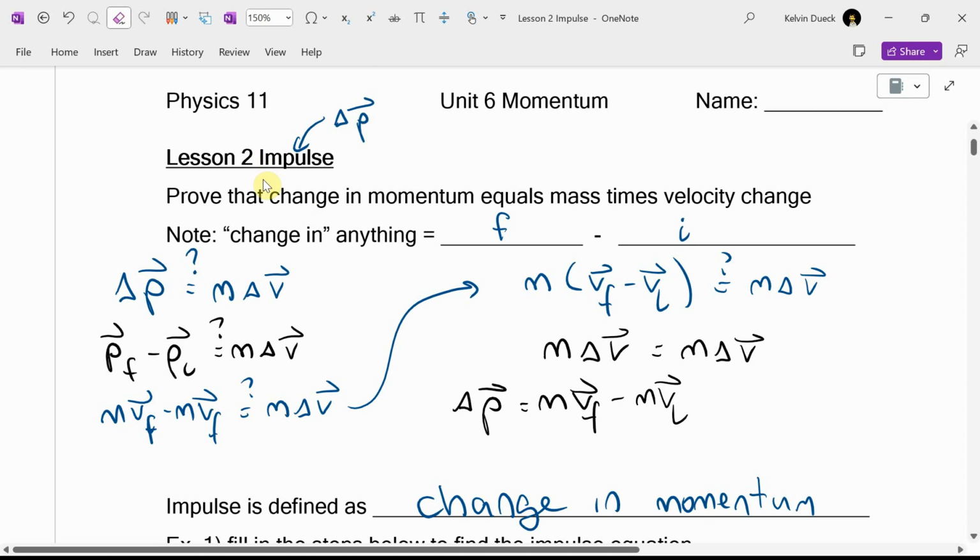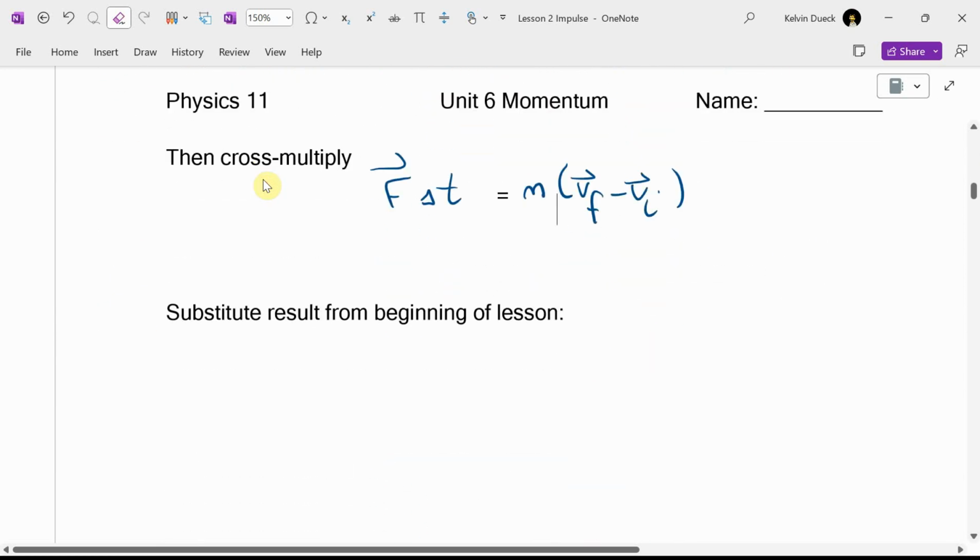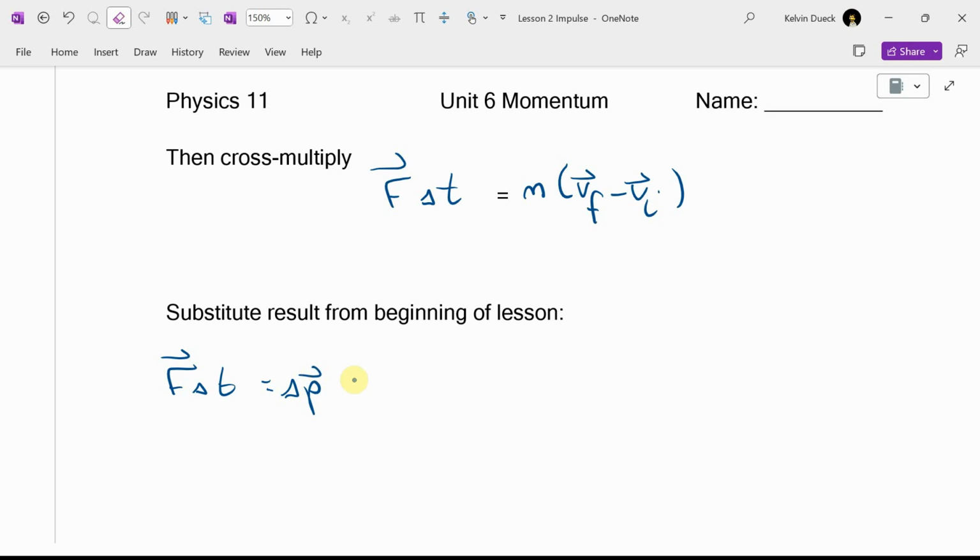Yep. Okay. I can say this. Force times the change in time is one way to write impulse, but another way to write impulse is m change in velocity. Can you find that one on your formula sheet?